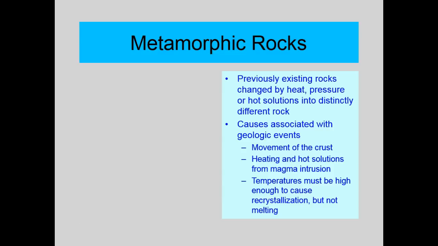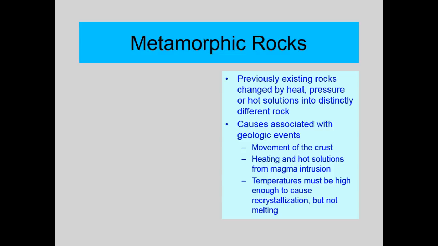Another way is whether it's a silicate or a non-silicate. 92% of the rocks on the surface of the earth are silicates. Only 8% are non-silicates, and we looked at those too.